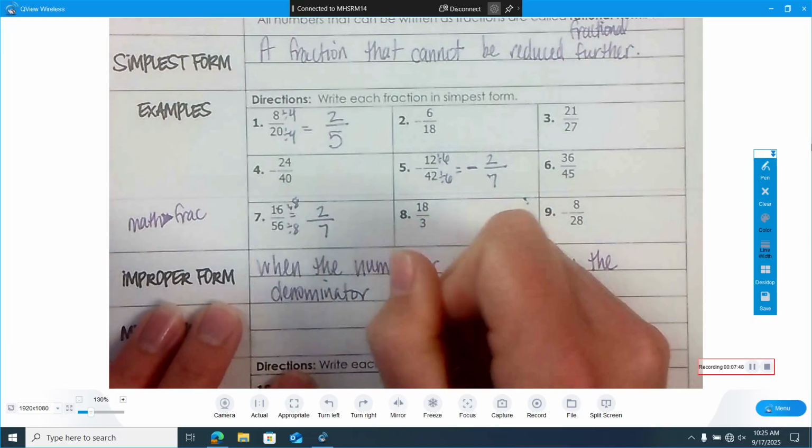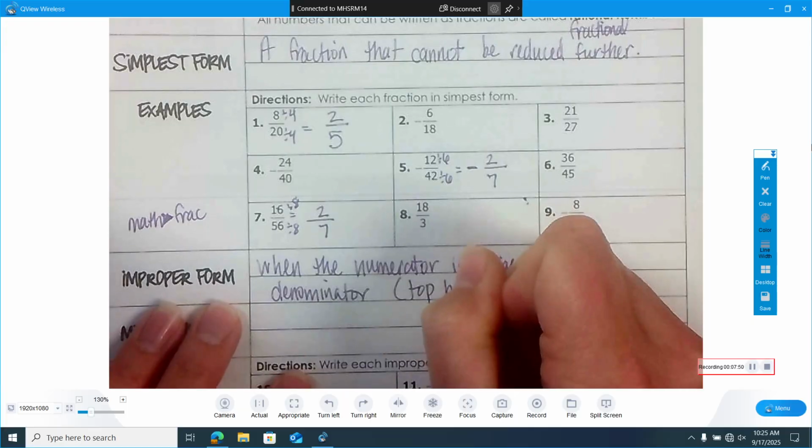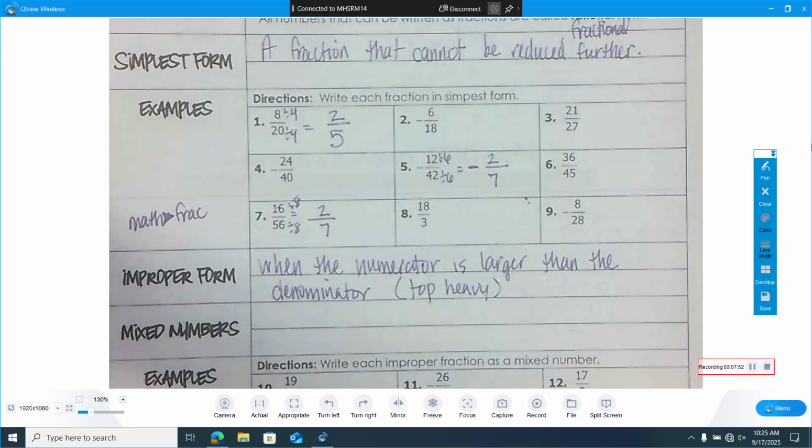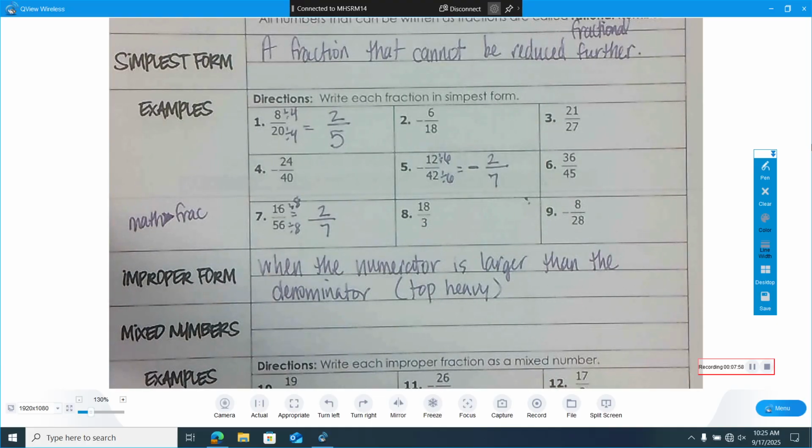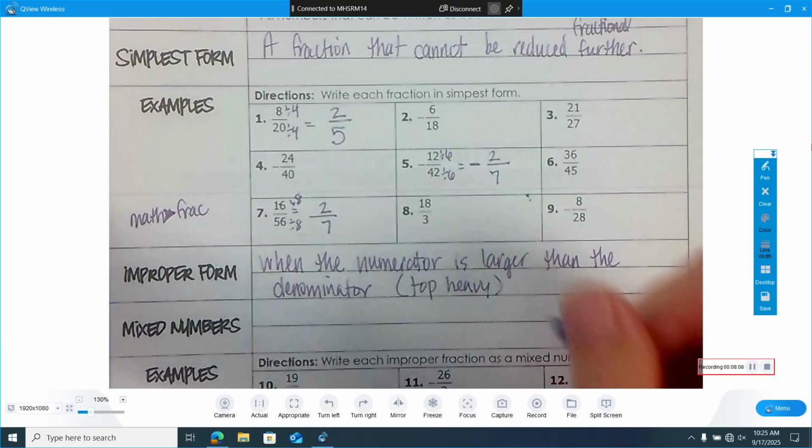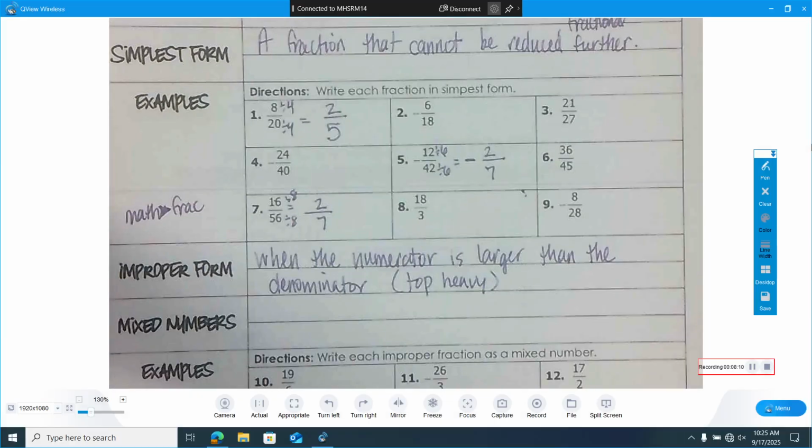Think about it as top heavy. When it's heavier on top, that's an improper fraction. That is a number bigger than 1, okay? Most of the time, improper form is okay in our class. I love improper form. It is okay.